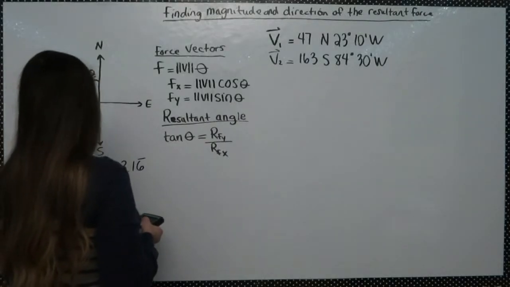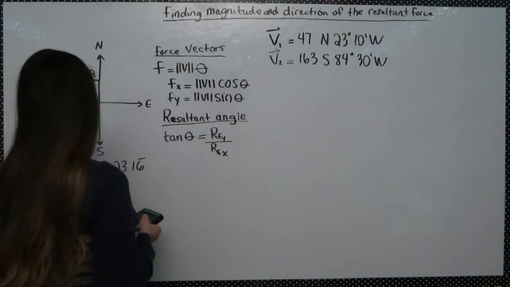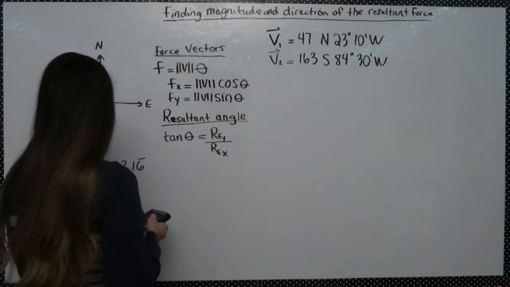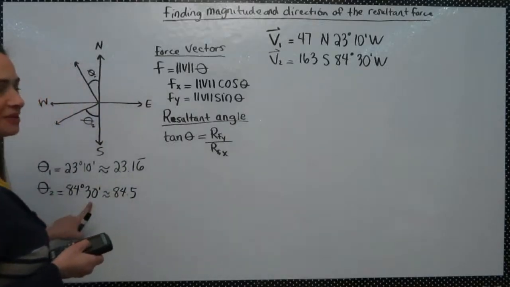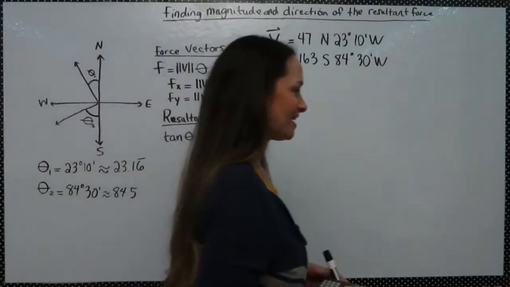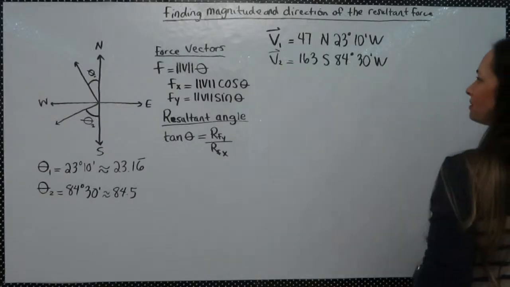Oops, we don't need the bearing now. We're just going to deal with theta. So that is going to be 84.5. I should have realized that because that's 30 minutes and it's half of 60. So, all right.